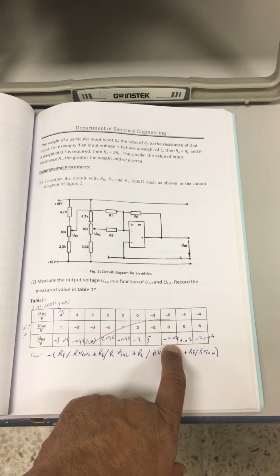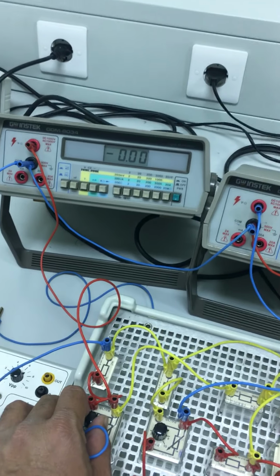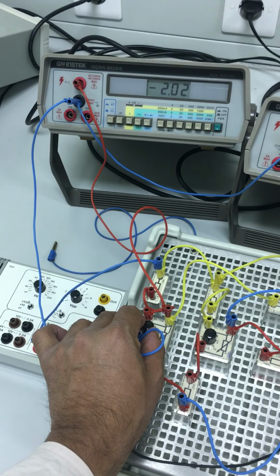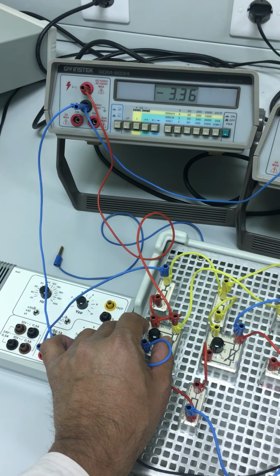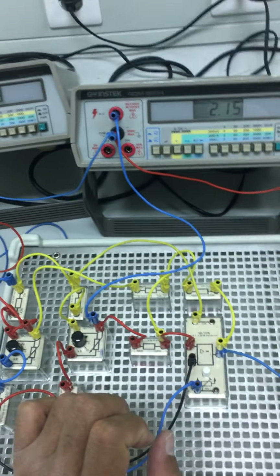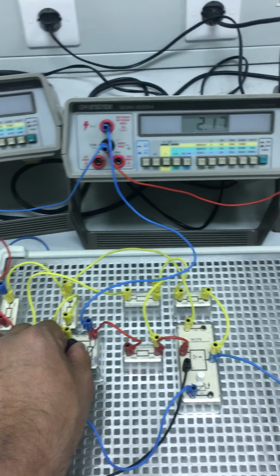Now I am skipping the next column and going for this one, -3 plus 3. It should be 0. So U in 1 is -3 approximately, and this is +3, U in 2.